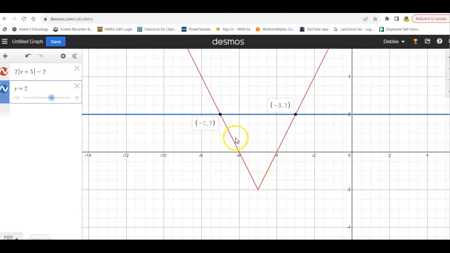And here we have where my x values are, this is like the inside of the graph. And I'm going to show you what this looks like and what it would look like if we stretched it out so that this graph was not a V, but a straight line. Okay?